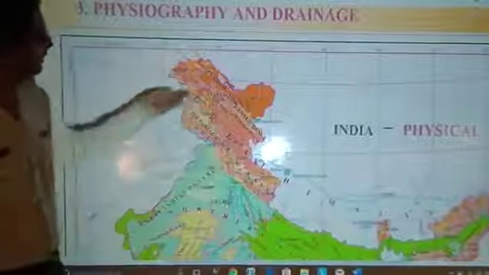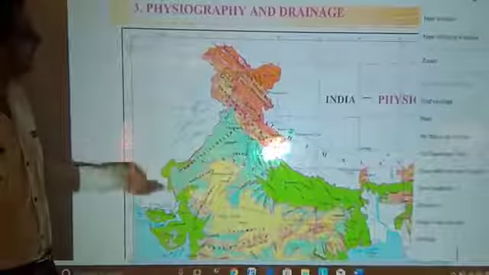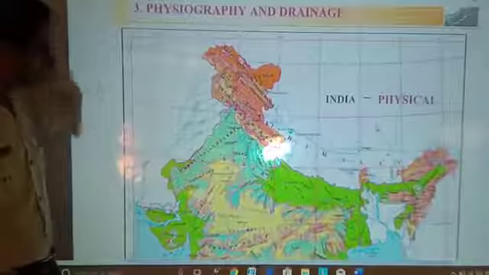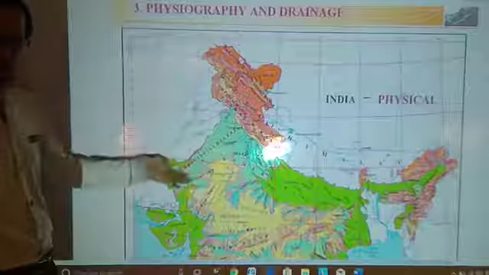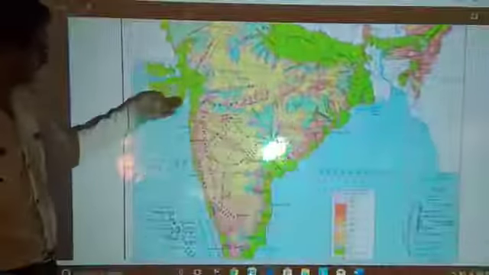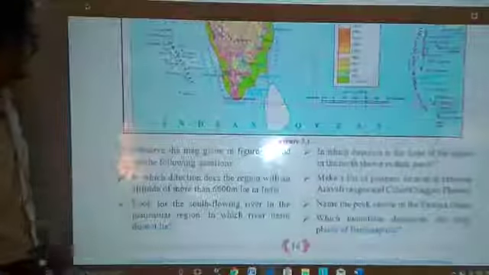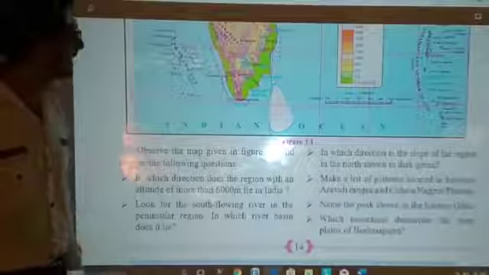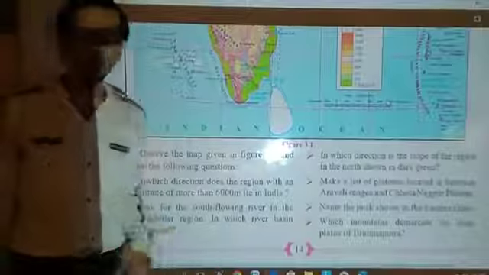Now we will go to the questions and answers. In which direction does the region with an altitude of more than 6,000 meters lie in India? Obviously, it is in the northern region.